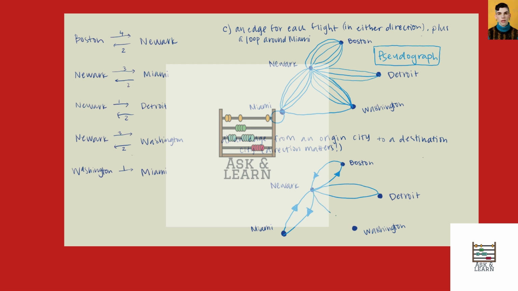Same for Newark and Detroit, and Newark and Washington. Try your best to show which way these are pointing also. And last but not least, we have this one from Washington to Miami. We can put that arrow in.